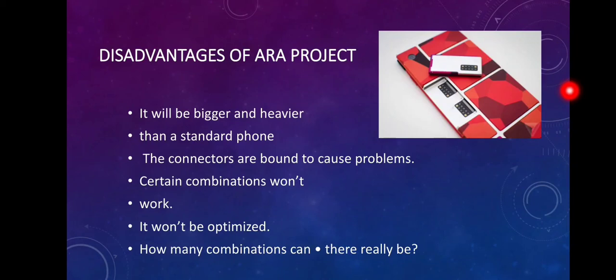But that phone is not optimized. The software-hardware combination is very risky, and no technology has been invented yet to solve that issue. We can hope modular phones come true in the future.